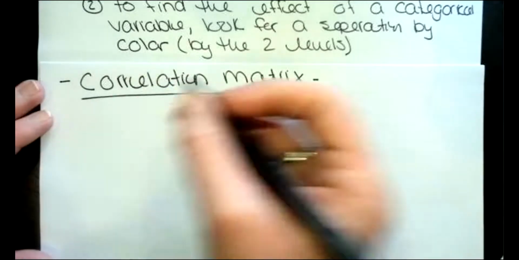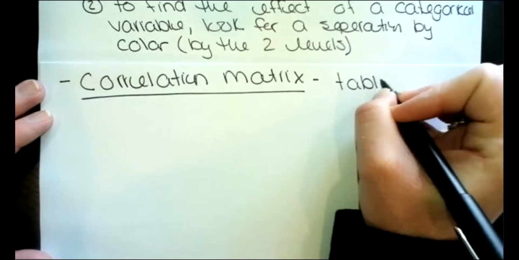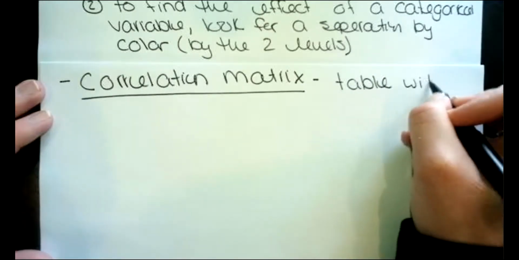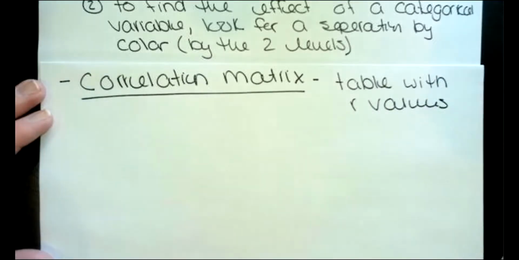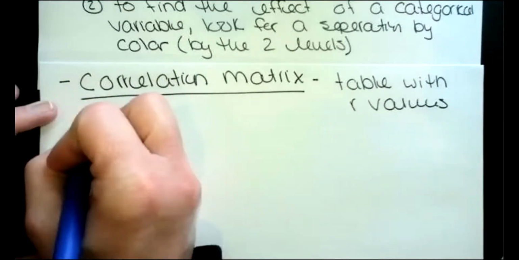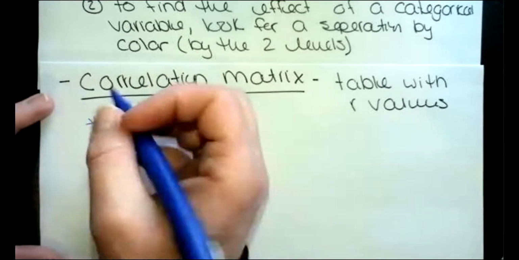So I'm just going to put my table with R values over here. And I'm going to mention that we do not include our dummy or indicator variable here. So we do not include the categorical variable.